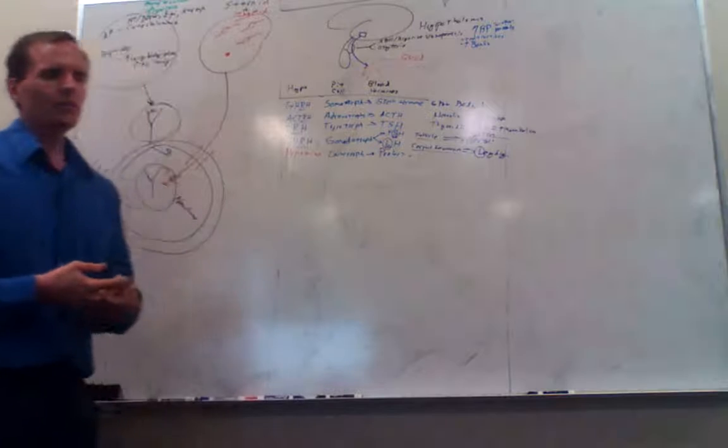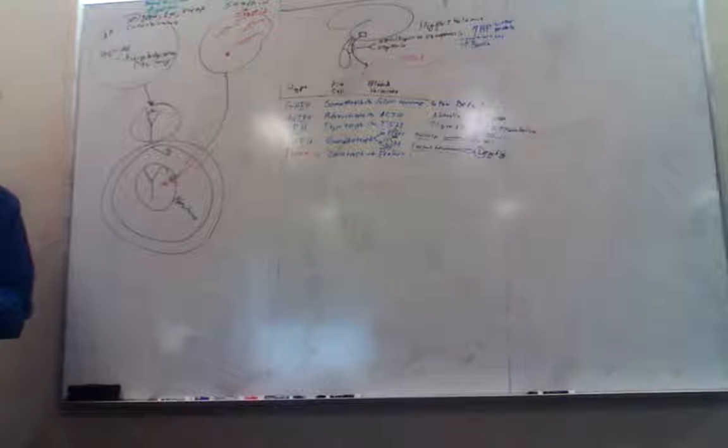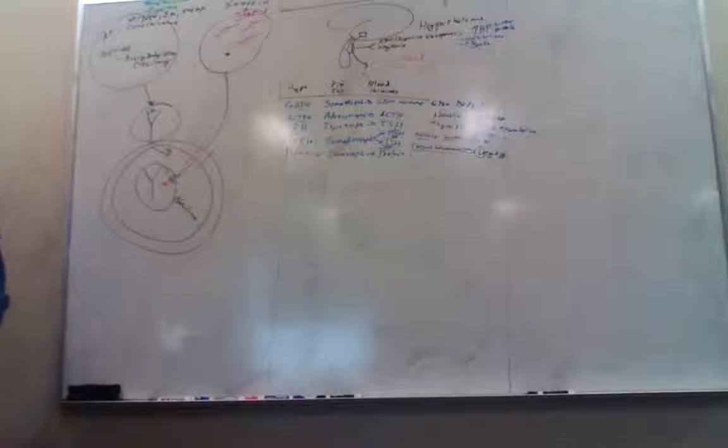Okay, now let's just go line by line. See if you can remember the first hormone from the hypothalamus that goes down to tell the anterior pituitary to release something.